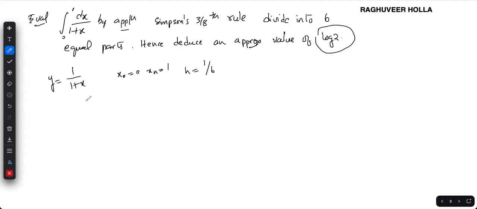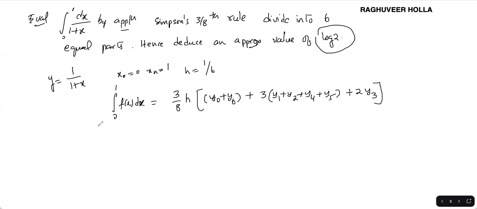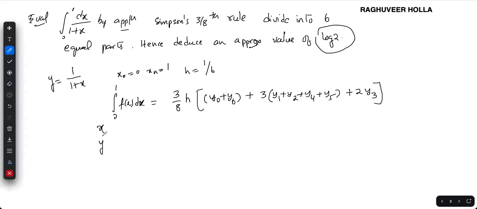The formula is the integral of f of x dx equals 3/8 of h into y0 plus y6, plus 3 times y1, y2, y4 and y5, plus 2 y3. This is the formula. So corresponding to x, we have y values.